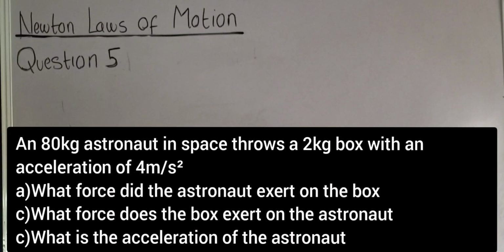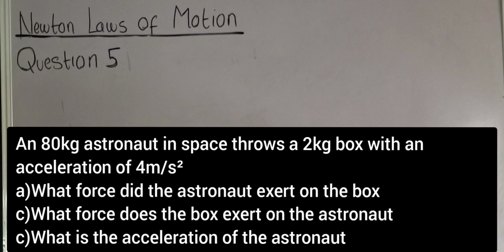An 80 kilogram astronaut in space throws a 2 kilogram box with an acceleration of 4 meters per second squared. A. What force did the astronaut exert on the box? B. What force does the box exert on the astronaut?